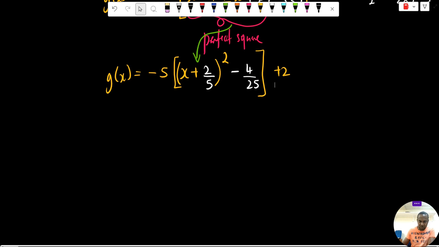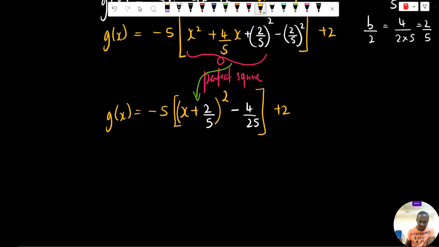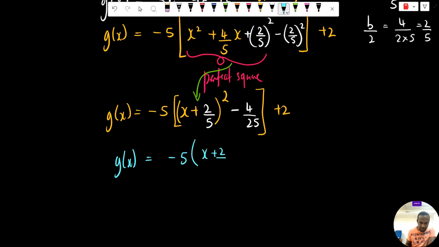And now what we do is we expand out by multiplying the terms inside the square bracket by our -5. And so this gives us g of x equals -5 bracket x plus 2 over 5 squared. And then we have now minus 5 times minus 4 over 25. That gives us plus 20 over 25 plus 2.